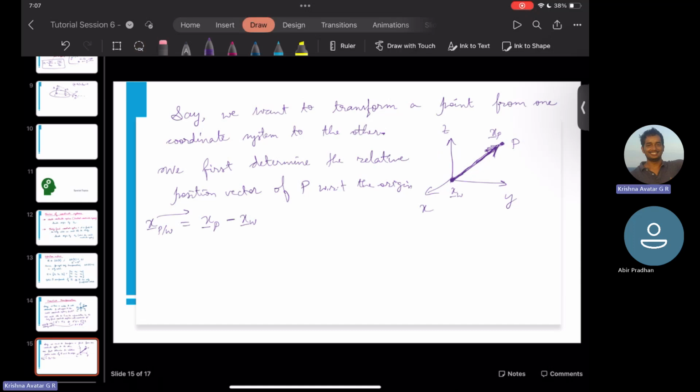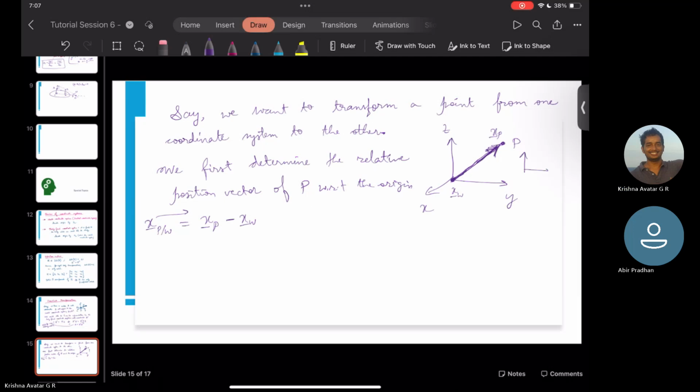So the idea is, say, what if it is at some other location, not coincident, with X prime, Y prime, and Z prime. Okay, so that is the case we are looking at, because otherwise it would have been already trivial.